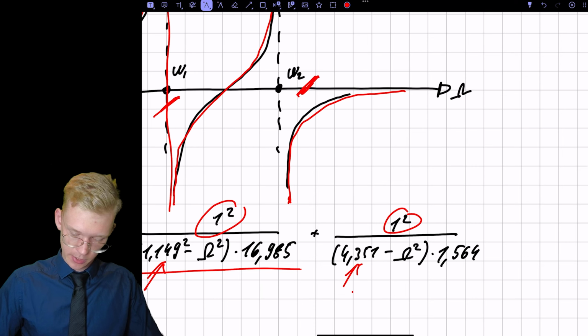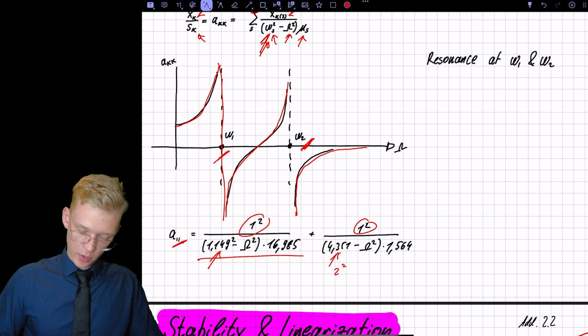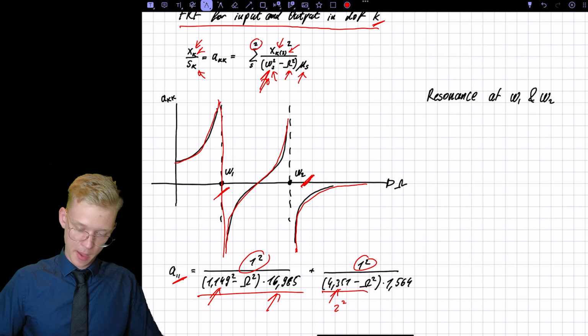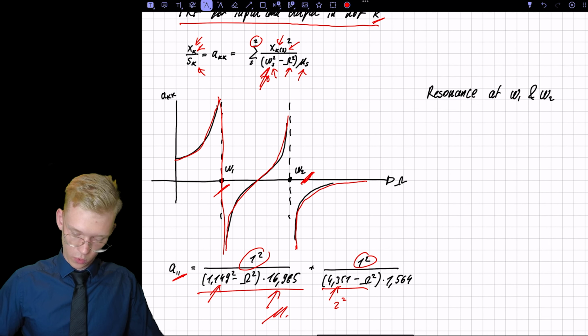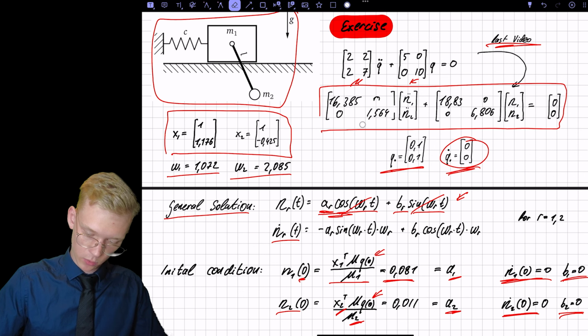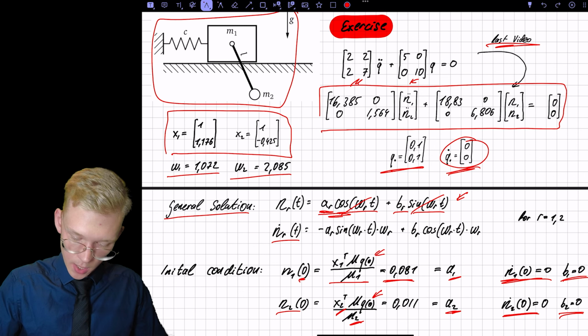So I already squared the 2. So we have our 4, and here we have our modal mass mu1, and this is our mu2. So if we check again, yep, that's what we had, sorry for that, that's what we had right here.